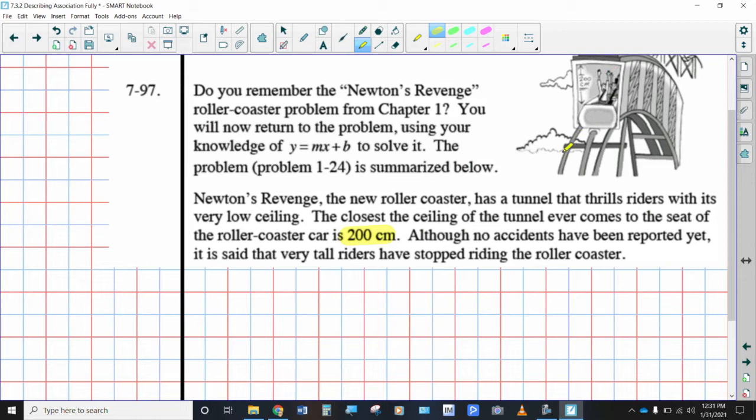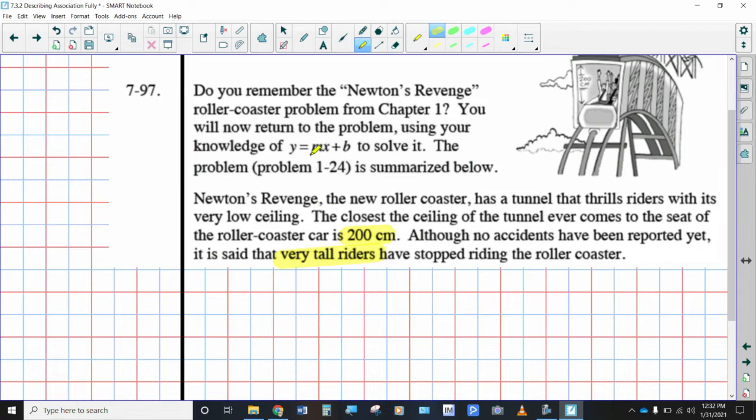And so our task is to consider whether or not this is a safe ride for very tall riders. And we didn't get a chance to do it this year, but in years past and in years future, we will actually measure students in the classroom. We will take their height in centimeters, and then we will have them sit on the floor and measure their reach, lifting up their arms as high as they could possibly get to see what that distance is.